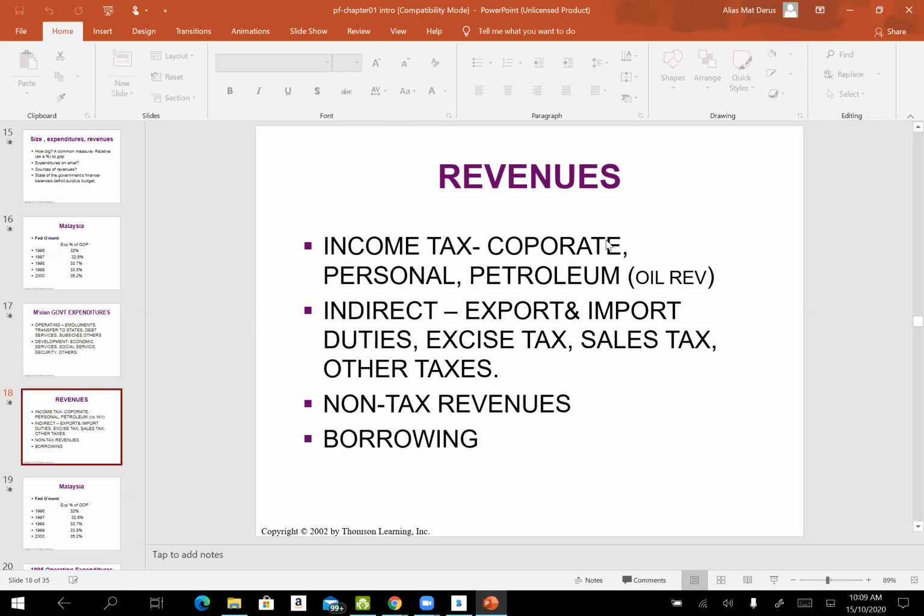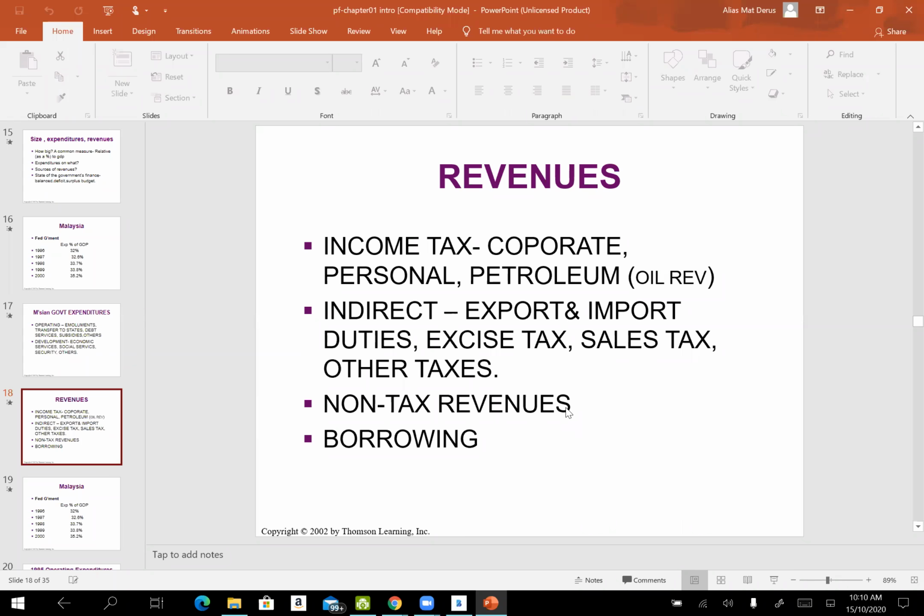So you'll see here the breakout is one, income tax, which are the corporate income tax and the personal income tax, and here one is the petroleum tax, mainly from Petronas. And then you have the indirect tax, which is coming from the sales tax, excise tax, export-import duties and other taxes. And the other would be non-tax revenue.